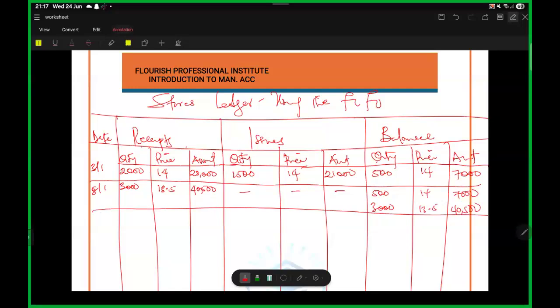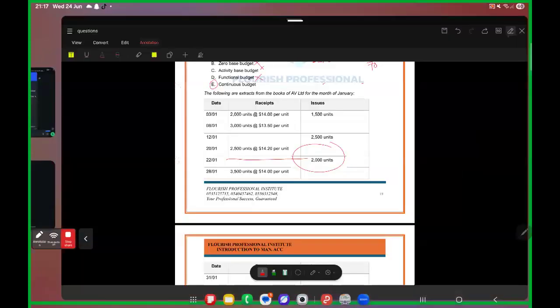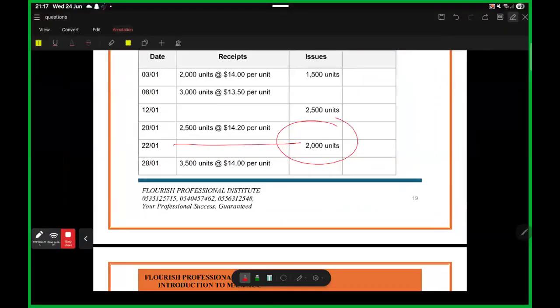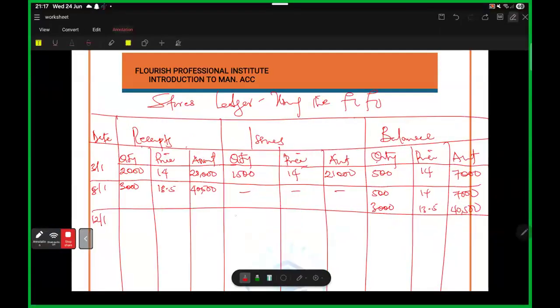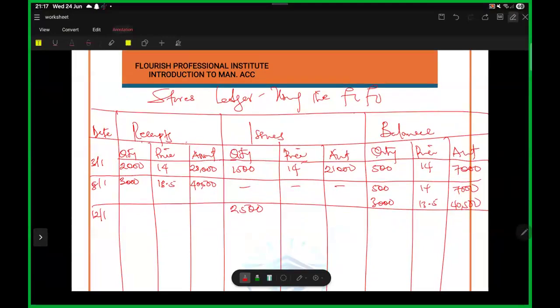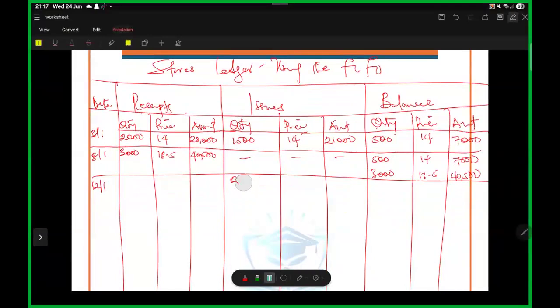There's nothing that happened. On the 12th, we have an issue of 2,500. So we issued. So I come to the issue part, 2,500. But this issue, we said the FIFO is telling us first come, first serve.